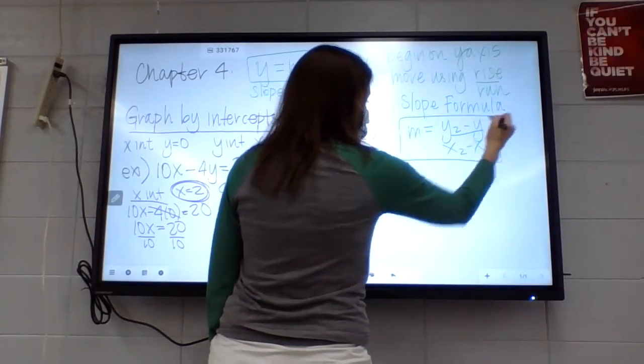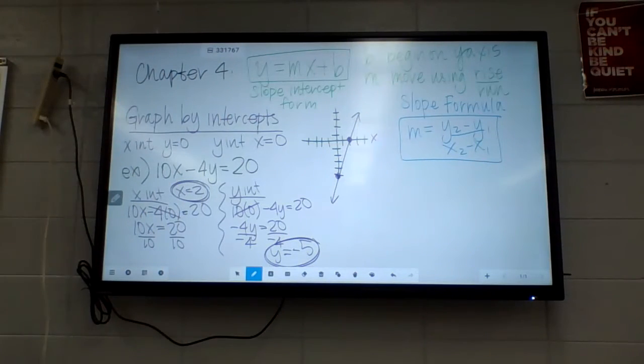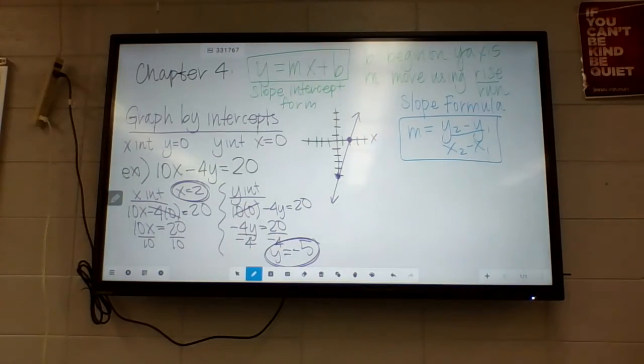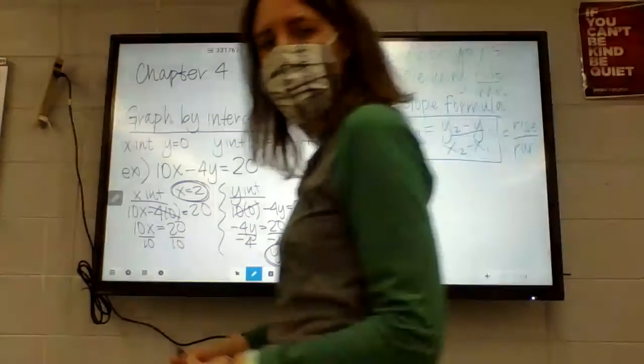Hopefully at this point you know it already, but being able to find the slope of a line from 2 points. We can also use rise over run. Now that's not technically the slope formula, but that's really helpful when we're doing the graphing, up and over, down and over.